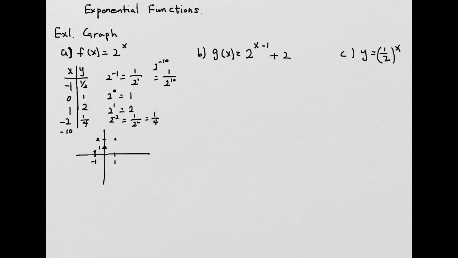It means that it will never go under the x-axis, but it will stay on top of the x-axis, going close to the x-axis, but it will never cross the x-axis. So your graph will look like that.